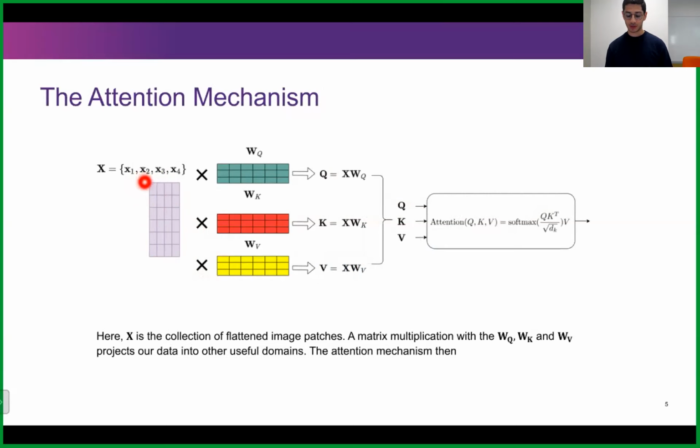So X1, X2, X3, X4, and so on, are, in this case, 4 different tokens or 4 different patches within the image. They then get projected into the query, key, and values, which form these 3 matrices. And then together, we perform the attention mechanism. The idea here is that, just like in natural language processing, you're doing the attention mechanism to figure out how words might be related to one another.